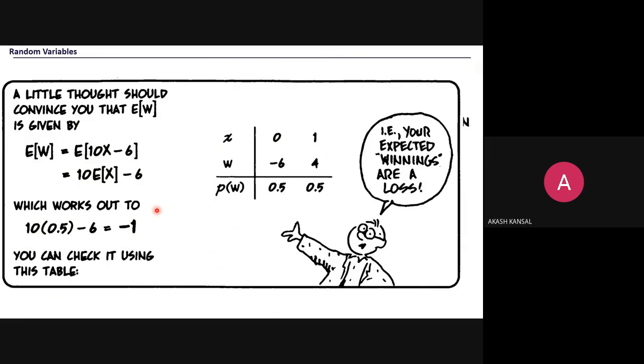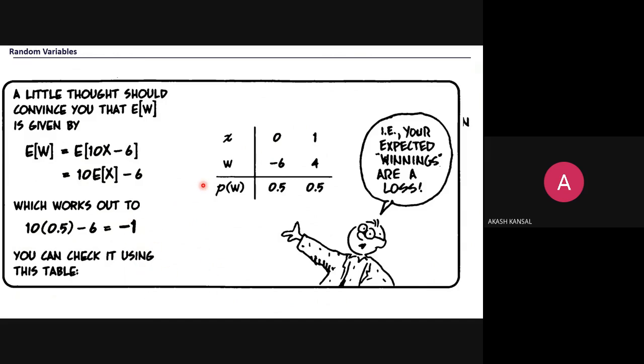If you repeat this n number of times, 100 times, 1,000 times, you will definitely be at a loss, which you have already calculated. The expectation of your winning is minus 1.